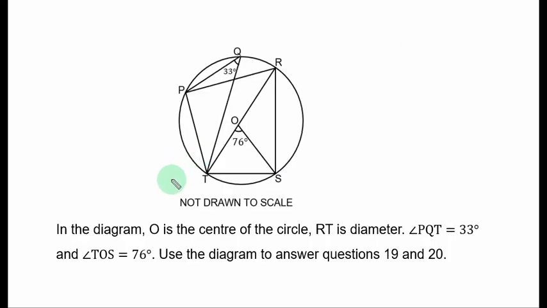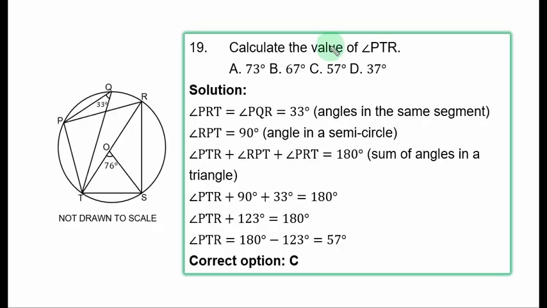In the diagram, O is the center of the circle, ROT is a diameter, angle PQT is 33 degrees, and angle TOS is 76 degrees. Use the diagram to answer questions 19 and 20. Question 19. Calculate the value of angle PTR.